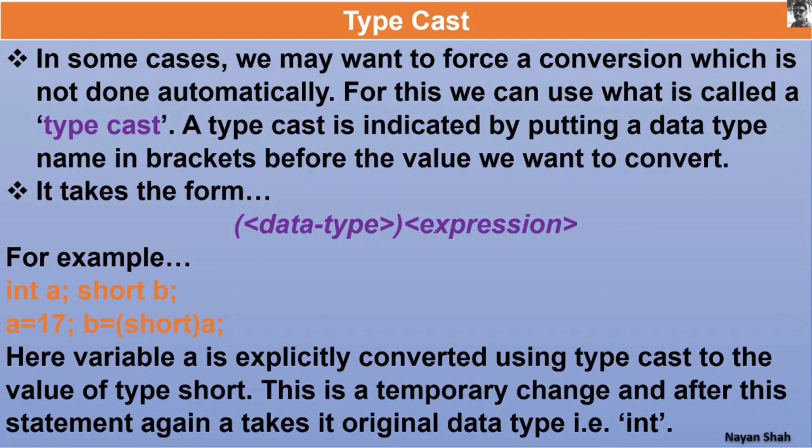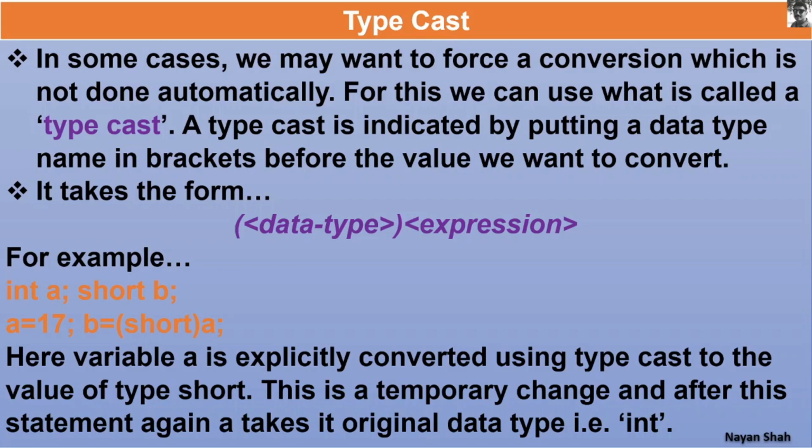Typecast. Now there is something called typecast. In some cases, we may want to force a conversion which is not done automatically. You know that sometimes conversion is done automatically. While settling the expression, the compiler tries to convert a lower data type to a higher data type automatically. But in certain cases, we want to force a conversion which is not being done automatically.